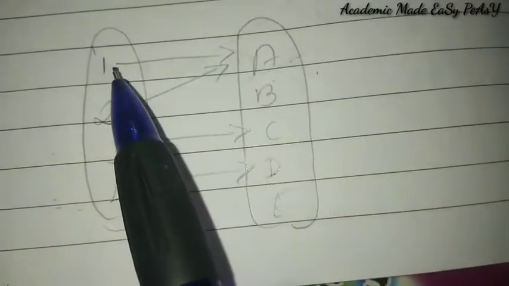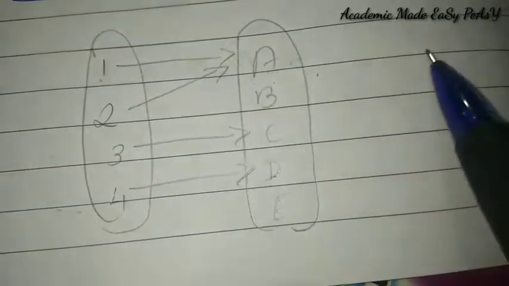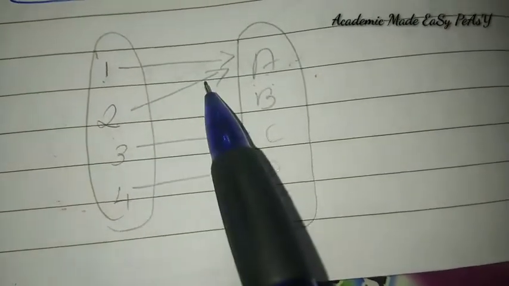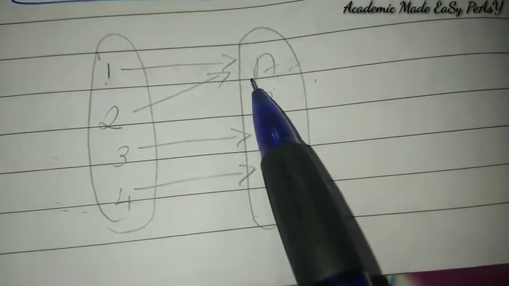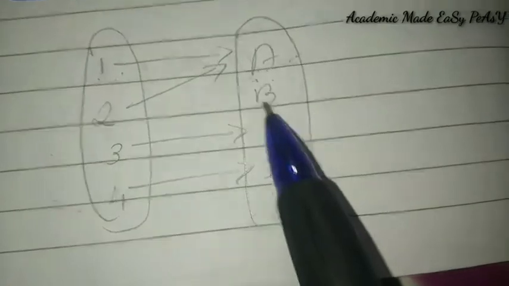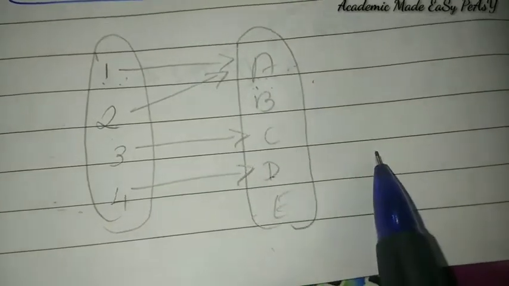So one person cannot attend many functions, but many people can attend one function. Many elements from the domain can be mapped to one element in the codomain, but one element in the domain cannot be mapped to many elements in the codomain for a function. So here this is a function.